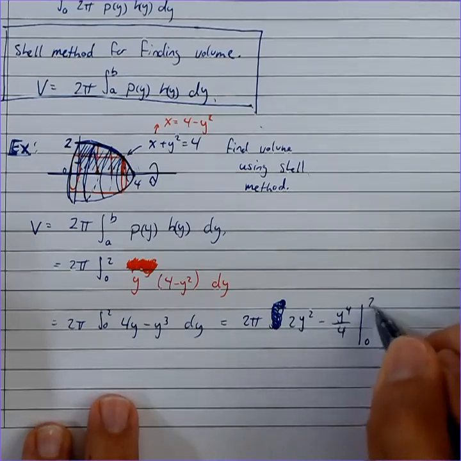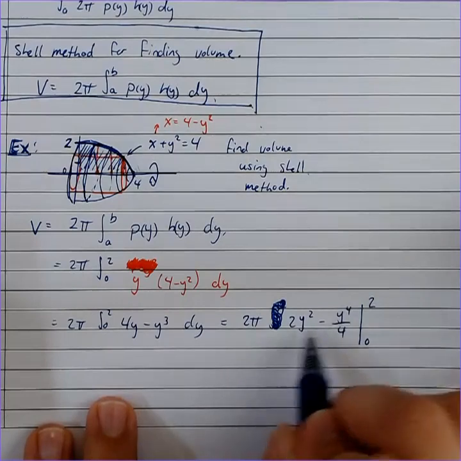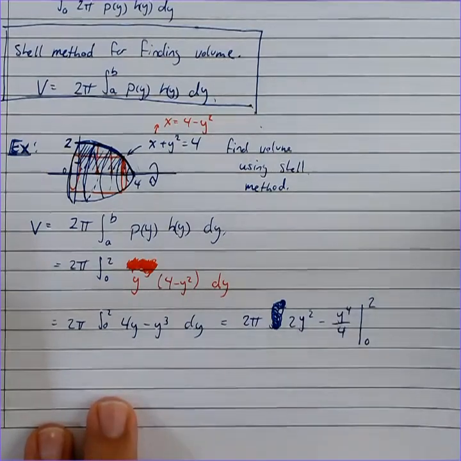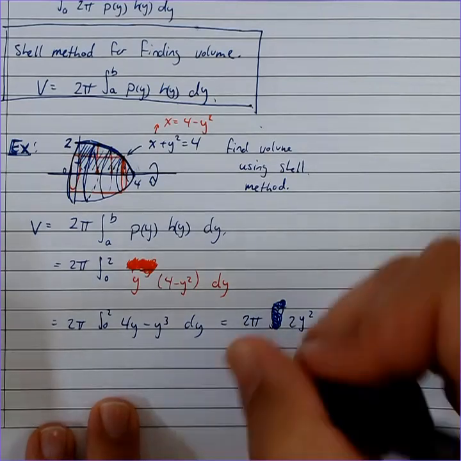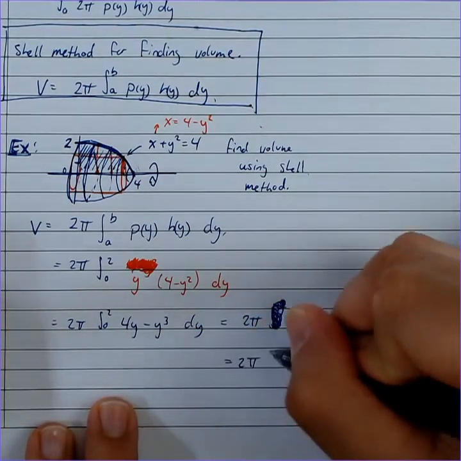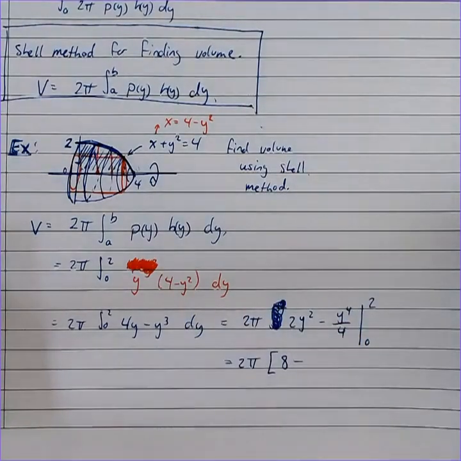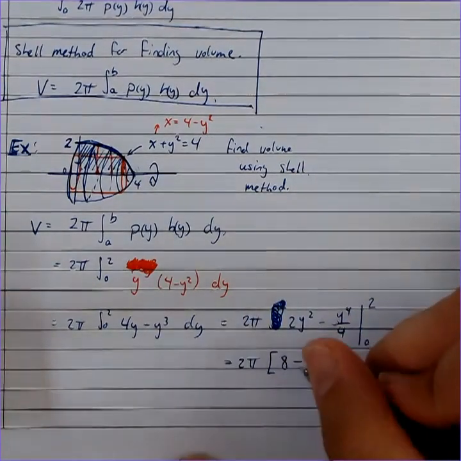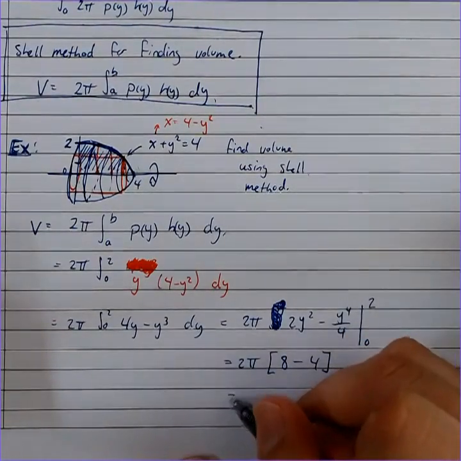From 0 up to 2. Substituting in 0 here does nothing. It gives you 0. But substituting in 2, let's see here. 2 squared is 4 times 2 is 8. Minus 2 to the 4th is 16. Divided by 4 is just 4. And that's 4 times 2 pi, which is 8 pi.